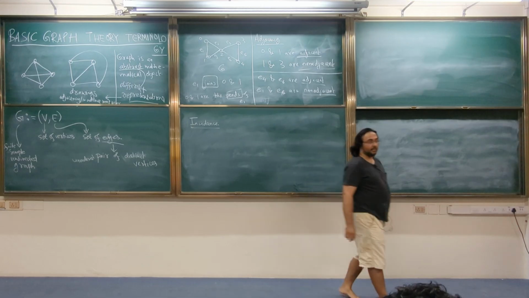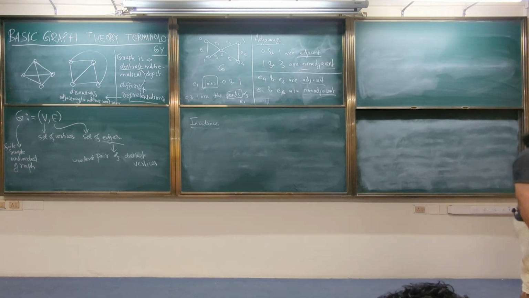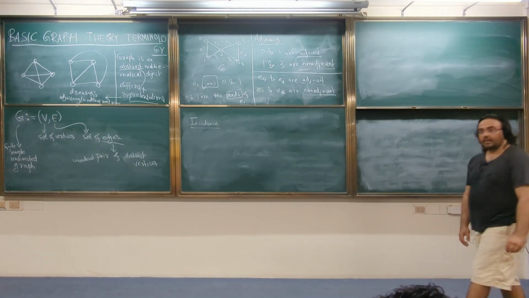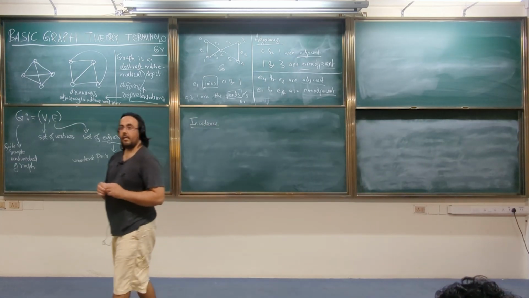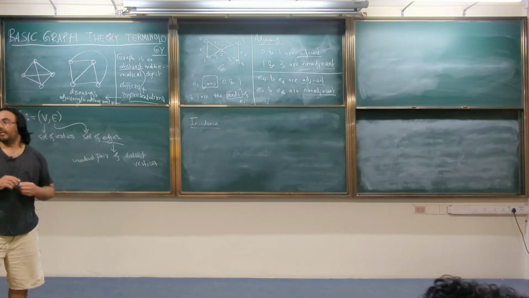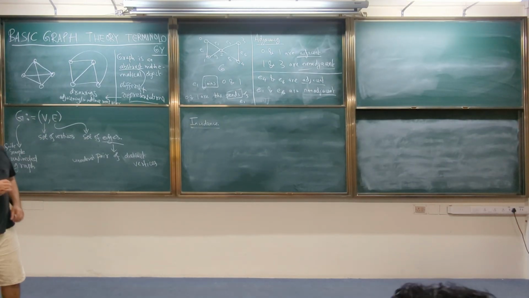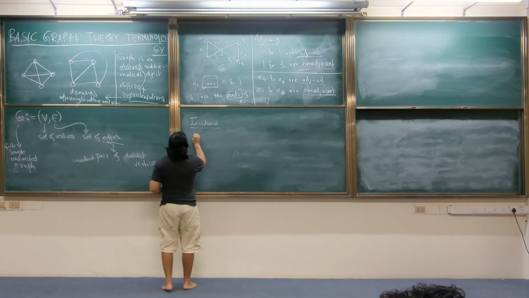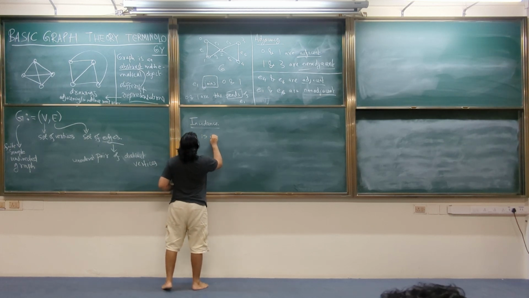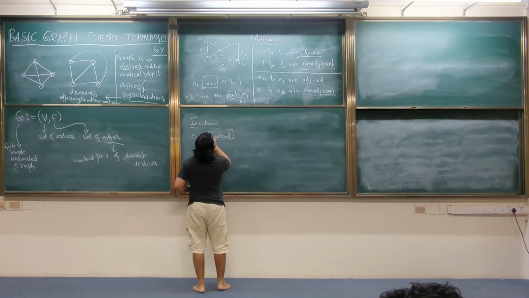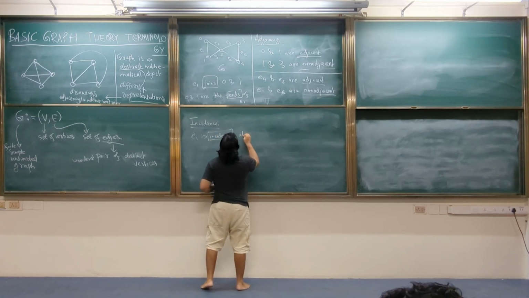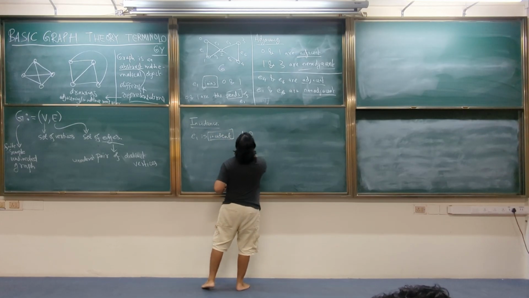Can somebody give me an example of a vertex and an edge that are incident with each other? Yeah? 0 and E1. I can say E1 is incident at whatever at 0.